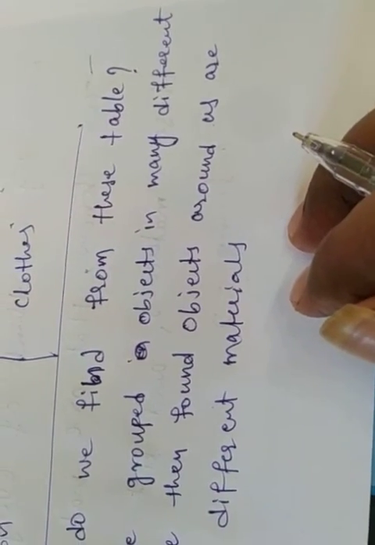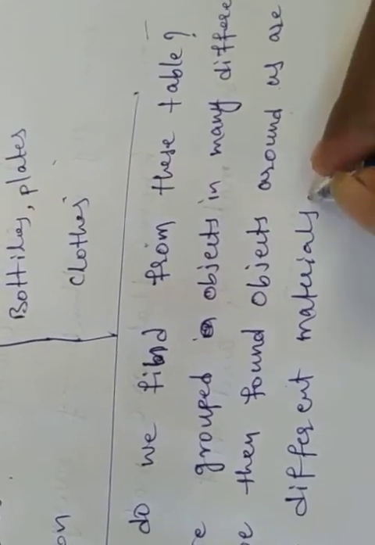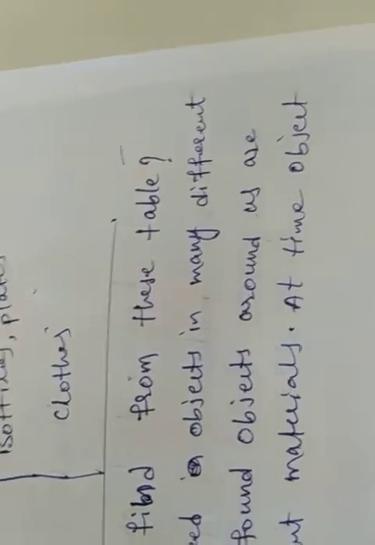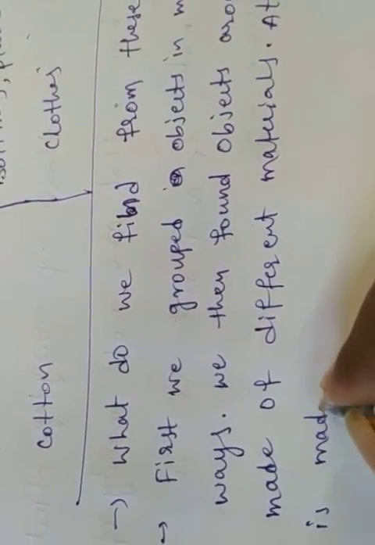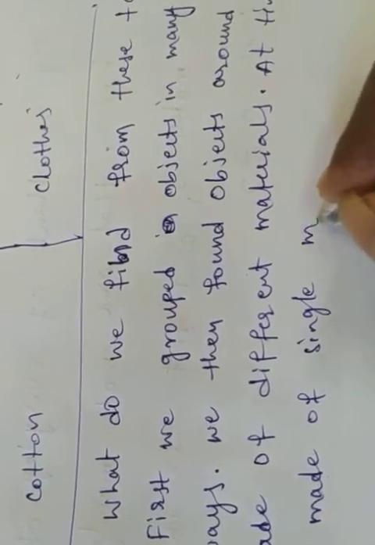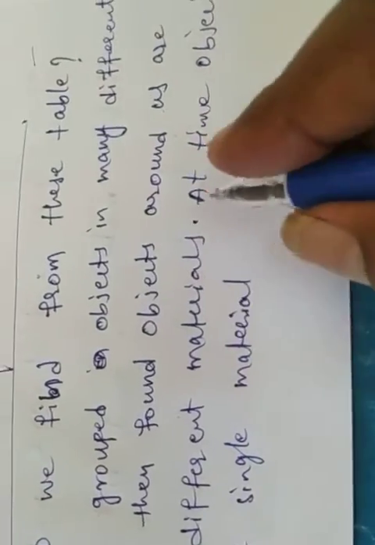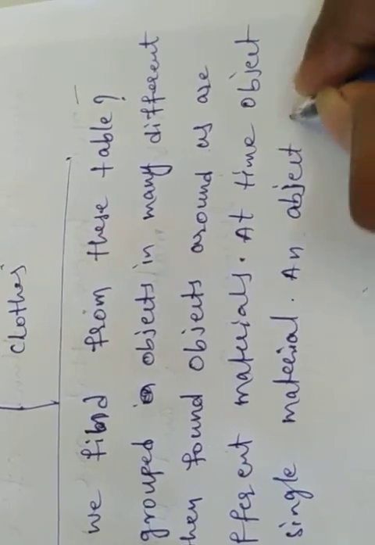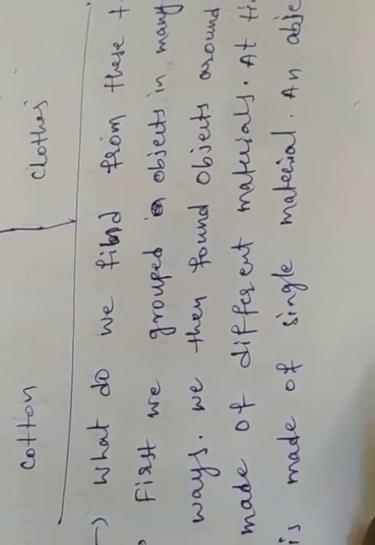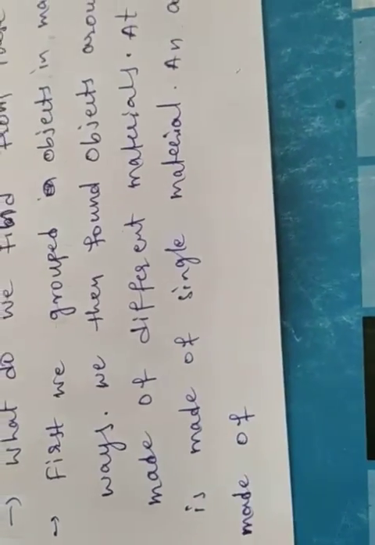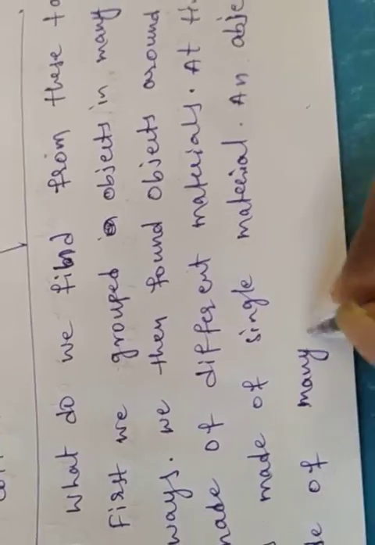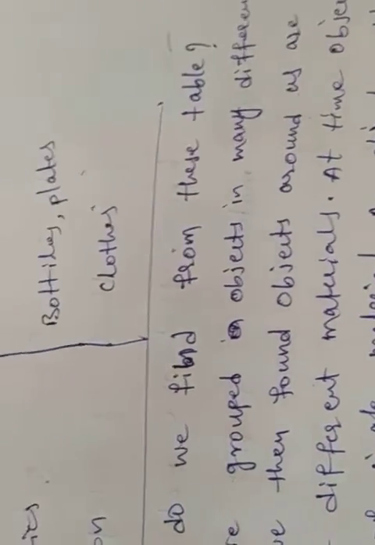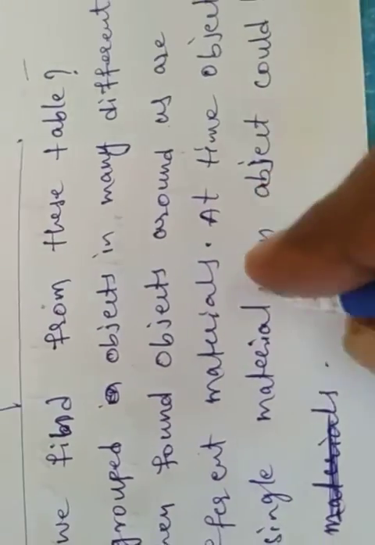At a time, an object is made up of a single material, and in the same way, an object could also be made up of many materials.